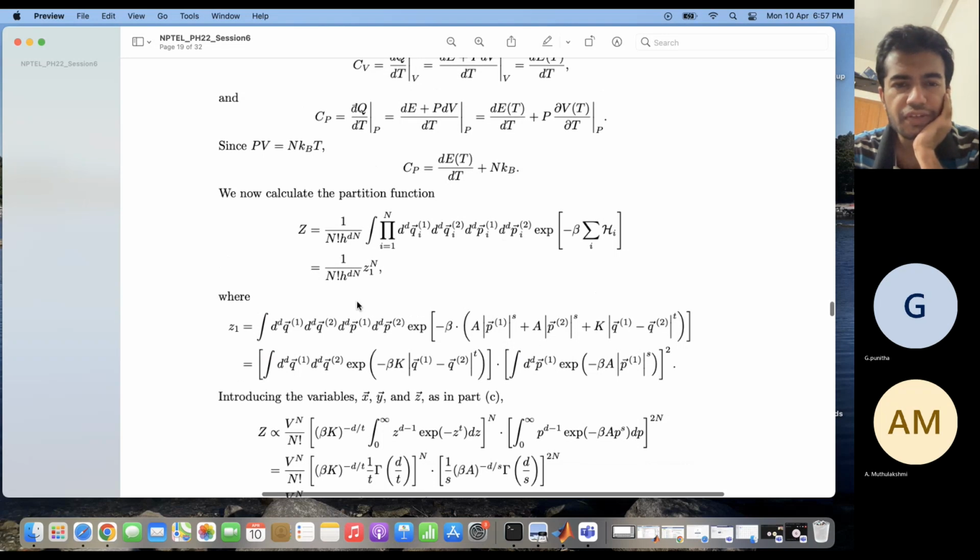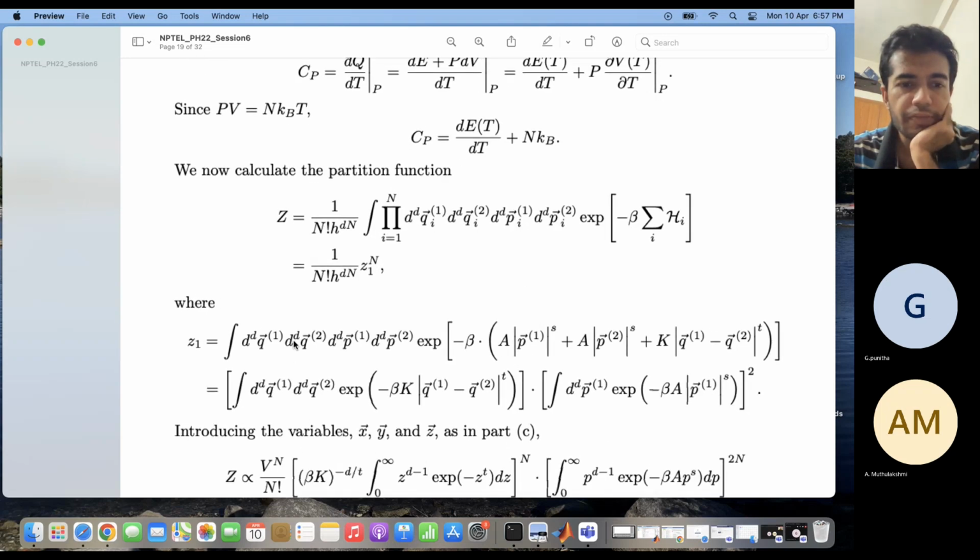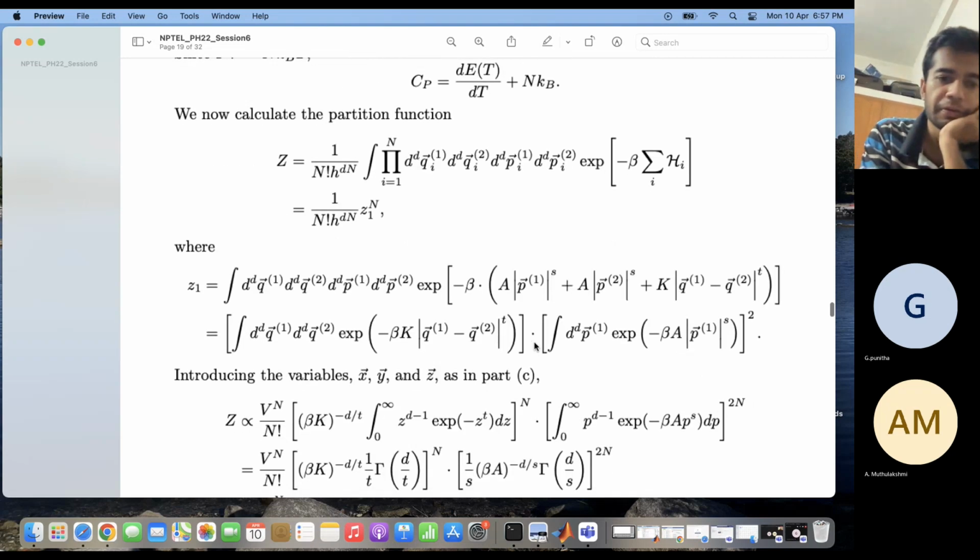The partition function for this diatomic gas is given by 1 by N factorial h to the power dN, times the integral over all the position and momentum coordinates of e to the power of minus beta H, which can be written in a simple form as 1 by N factorial h to the power dN into z1 to the power of N, where z1 is the integral over the position and momentum coordinates of e to the power of minus beta times the Hamiltonian for a single particle.